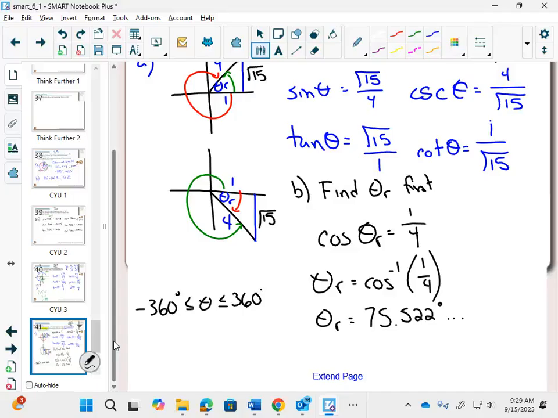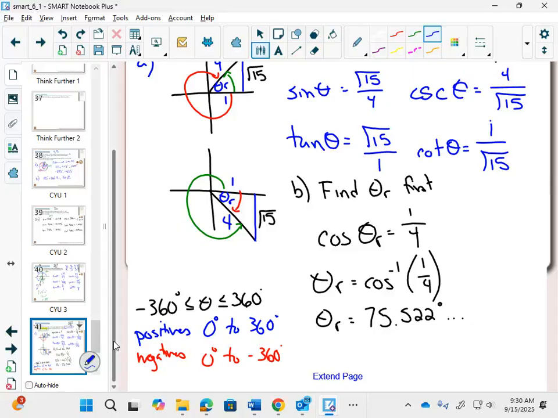So when I have a domain like this, in my brain, I'm thinking of the positive ones and the negative ones separately. The positive ones would be going from 0 to 360 degrees because angles in standard position start at 0. The negative ones would start at 0 and go to negative 360 degrees. This helps my brain connect it to my pictures.